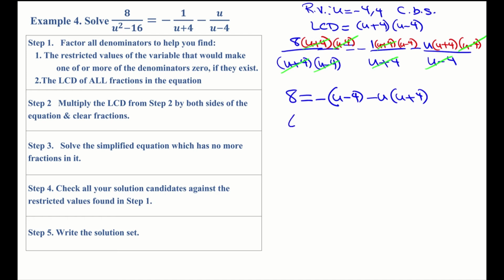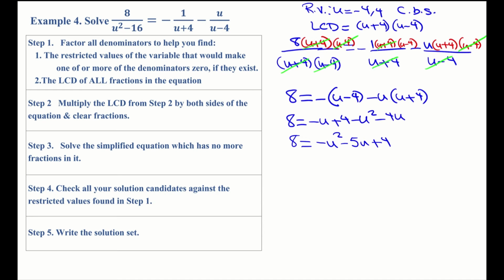So we have 8 equals negative quantity u plus 4, minus u squared minus 4u. So we have 8 equals, let's write the negative u squared first, that's the highest degree term, and then combine the negative u and minus 4u to get negative 5u, and then plus 4.